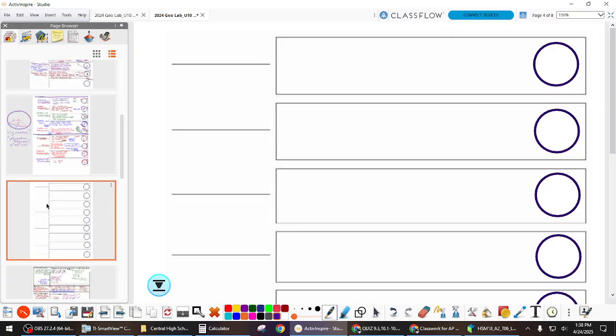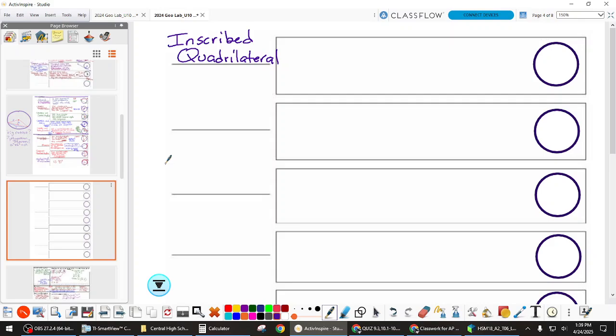Inscribed quadrilateral, what's that mean? What is a quadrilateral? Give me a name of one. Square. It doesn't have to be a square, but that is one.